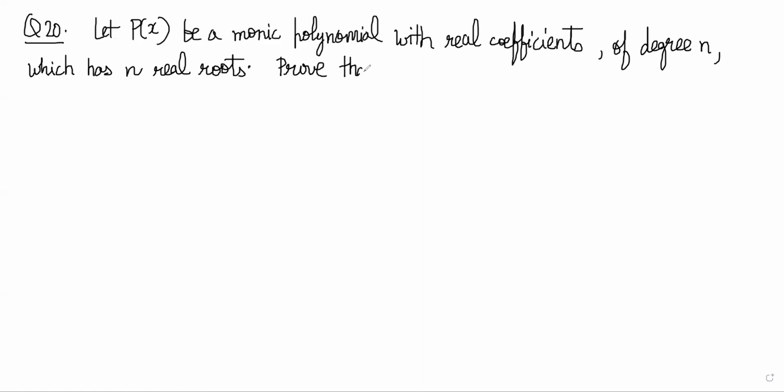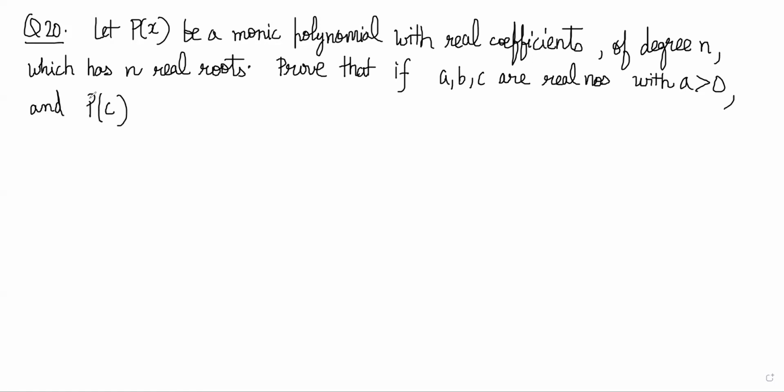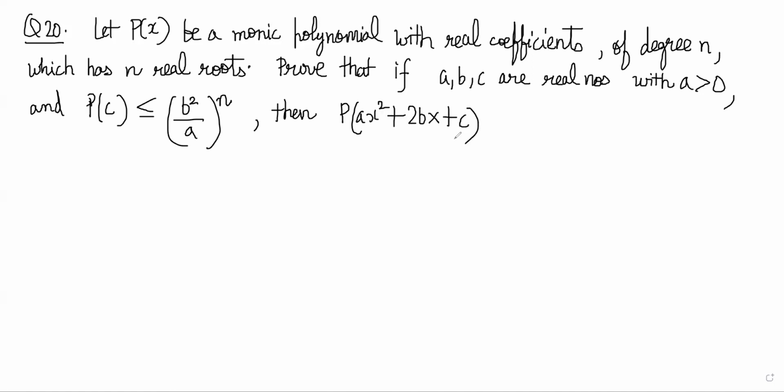Prove that if a, b, c are real numbers with a greater than 0 and p of c is less than equal to b square by a to the power n, then p of ax square plus 2bx plus c has at least one real root.